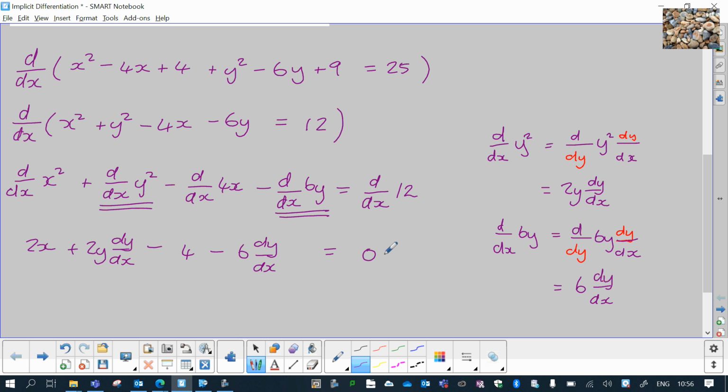Now we'd like an expression for dy by dx. And we do that by manipulating our algebra. We just take terms to the left, to the right, whatever comes out. So we've got 2y dy by dx minus 6 dy by dx equals 4 minus 2x.